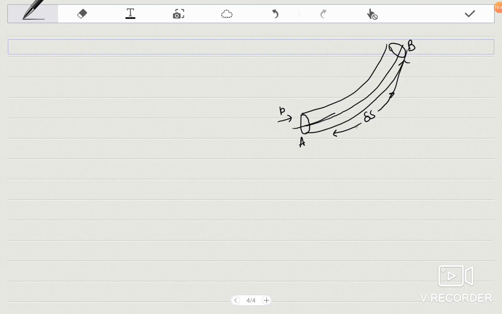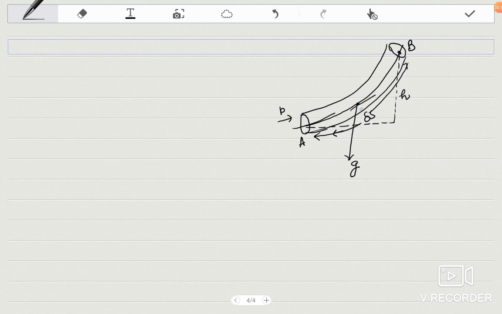It is going up to this. Suppose g is the gravitational force and let it be h.